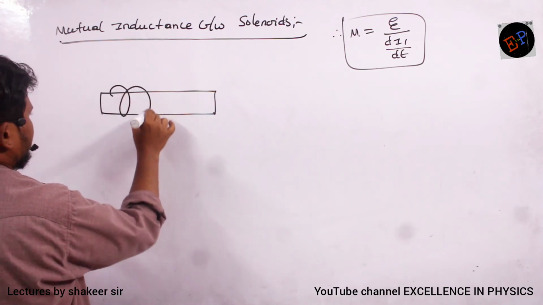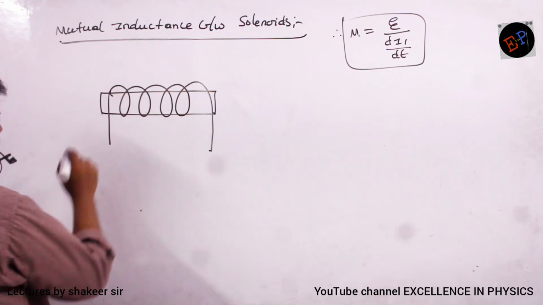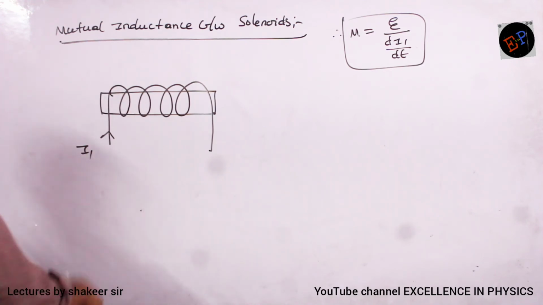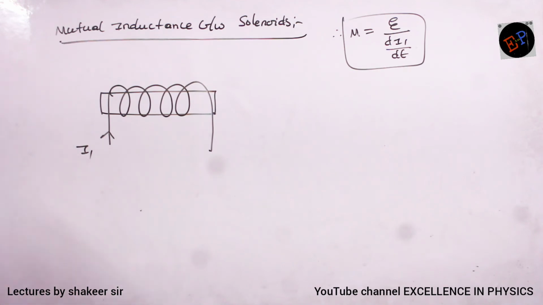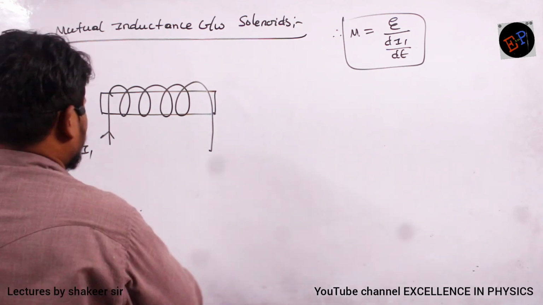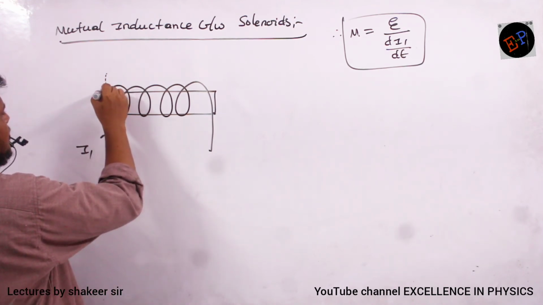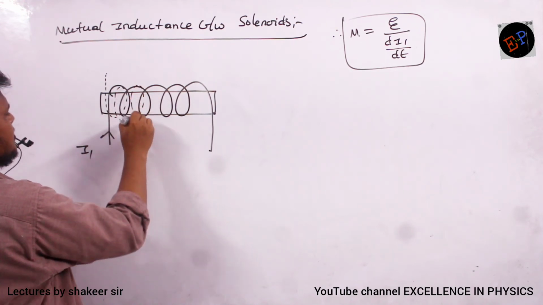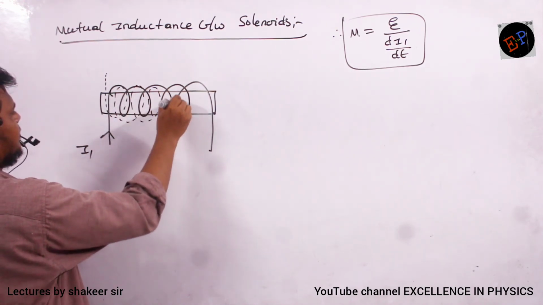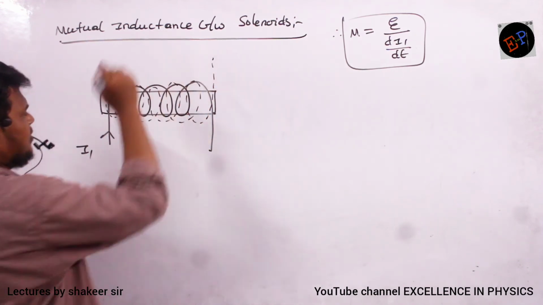This is the first solenoid, through which some variable current I1 is passing. On the same core, we wind one more solenoid. This is my second solenoid. Are you able to understand what is happening?